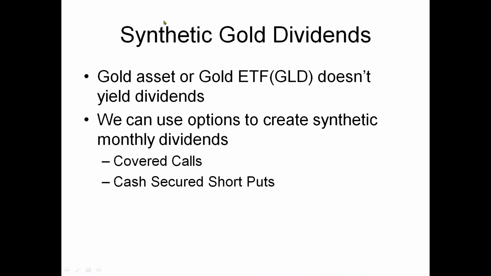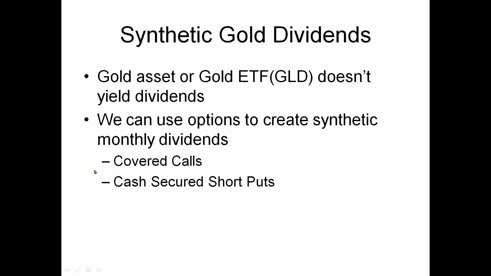So let's look at how we can produce dividend yields from GLD ETF. Now the gold asset or gold ETF in this case normally doesn't produce dividends for its investors. So in order to get the dividends, what we can do is use options to create synthetic monthly dividends.